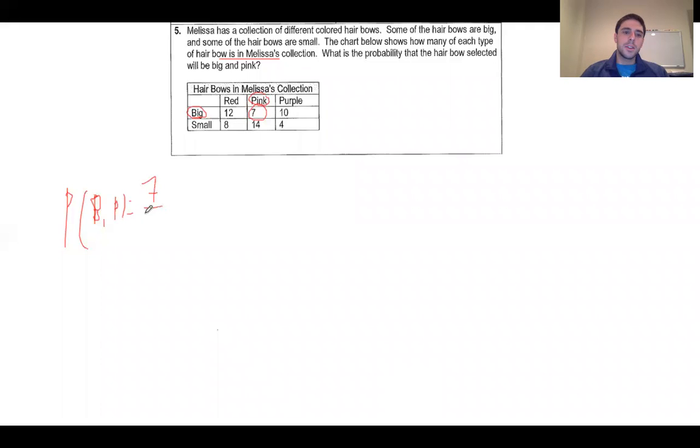Excellent. 7/55. As you may have noticed, we don't actually have to set this equal to x over 1. That just means we're going to be dividing. So we can skip that step altogether here. So 7/55 equals what?